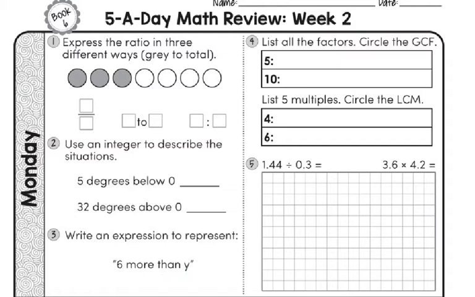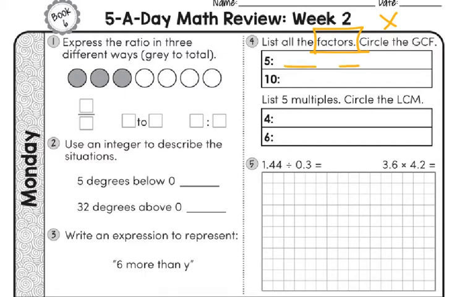Question number 4, list all the factors. Factors are the numbers that you multiply to get a product. So list all the numbers that you can multiply to get 5.